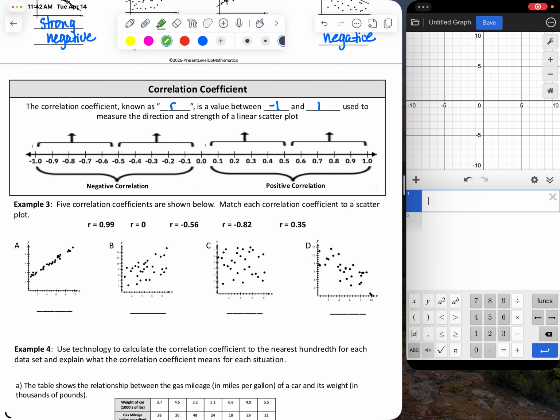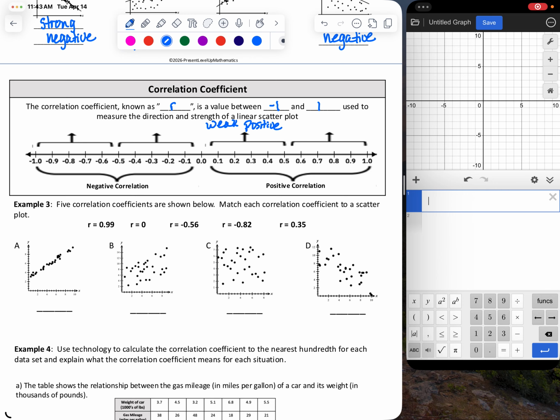However, if your R value is bigger than 0 and smaller than 0.5, we would call this a weak positive correlation. In other words, if I told you that the correlation coefficient for a set of data was 0.25, I would know that they're positively correlated.